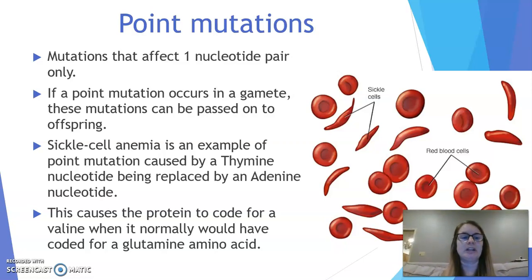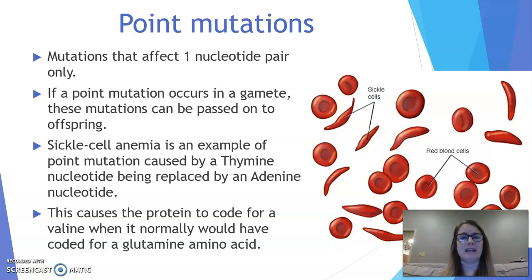But sickle cell anemia is an example of a point mutation where a thymine nucleotide gets replaced by an adenine nucleotide. So in the whole nucleotide sequence, out of the millions and millions of nucleotides that make up your genome, one change where this T gets replaced by an A, thymine replaced with adenine, that one single change causes sickle cell anemia.